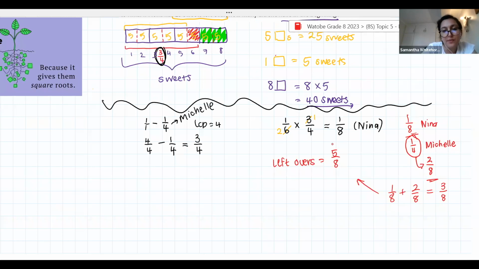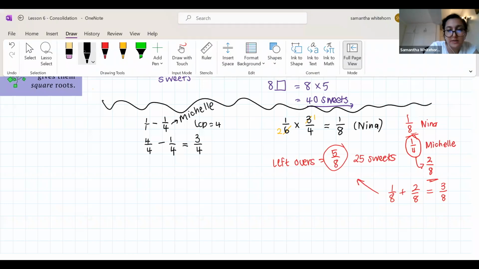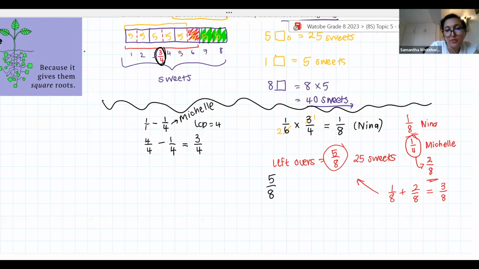So we know that this 5/8 represents those 25 sweets that she had left over. Now, this is where we need to actually understand what this fraction is saying to us. Remember, 8 represents the total number of sweets. That's what we're wanting to find. So if you want to use an X there, that's absolutely fine.